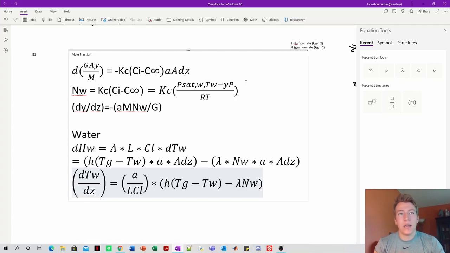So that is going to be our final differential equation for the water in the cooling tower.